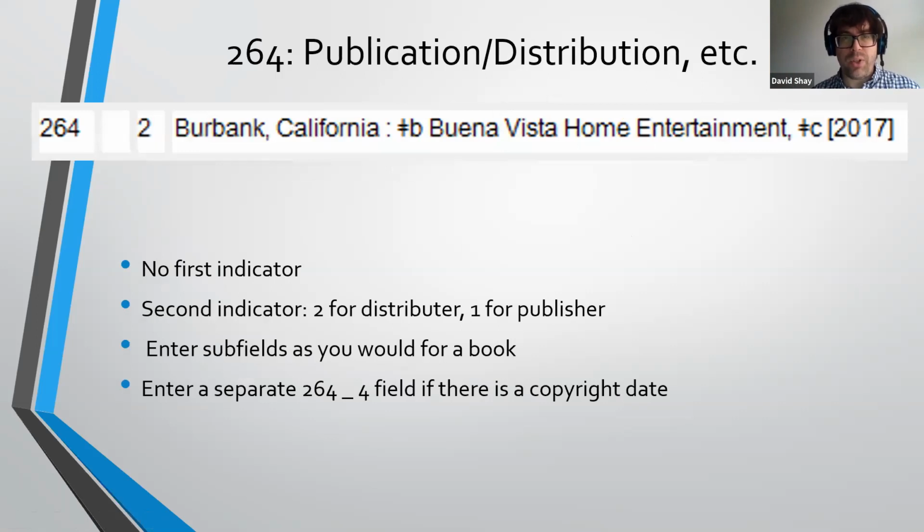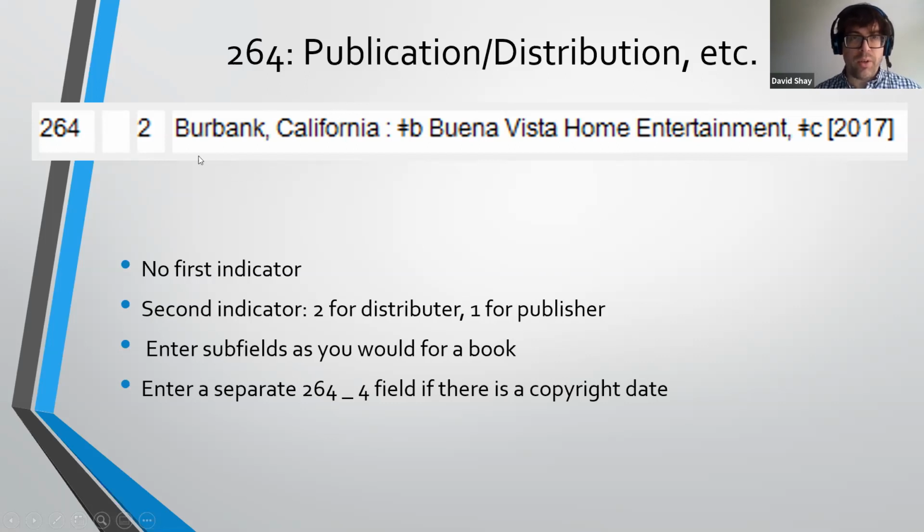264, publication and distribution information. A lot of these fields function just like you would for monographs, just with a few little notations. On the back of this particular DVD case, it says distributed by Buena Vista Home Entertainment, Burbank, California. So we have a second indicator 2 for distributor. 1, as you know, is for publisher, and you enter the subfields just as you would with a book.